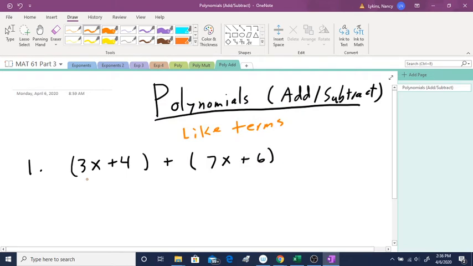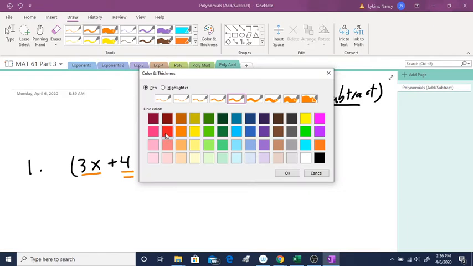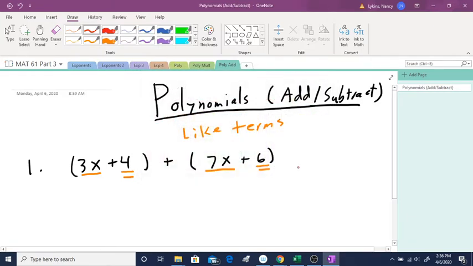One is, what I was always taught, to underline each of the like terms, in this case 3x and 7x, and then underline twice the number. So then all I'm going to do is add these up: 3x plus 7x is 10x, and 4 plus 6 is 10.